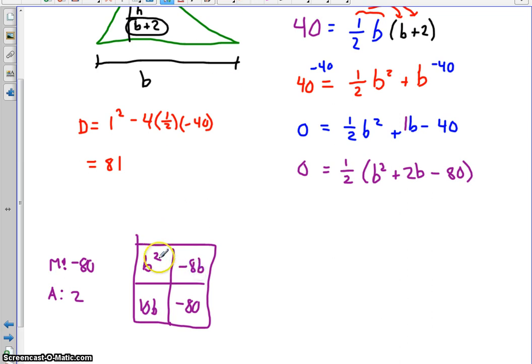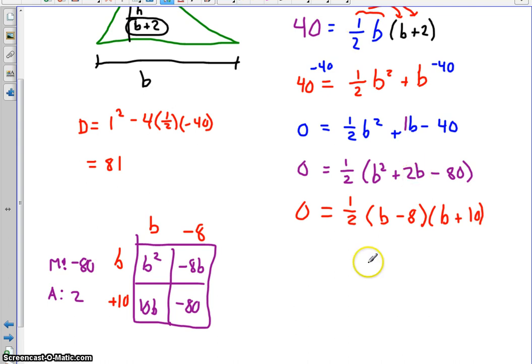What I wind up getting as a factored form is b minus 8 and b plus 10. From there it's not too bad to get my zeros. You just need to look at each factor. So I get solutions as b equals 8 and b equals negative 10.